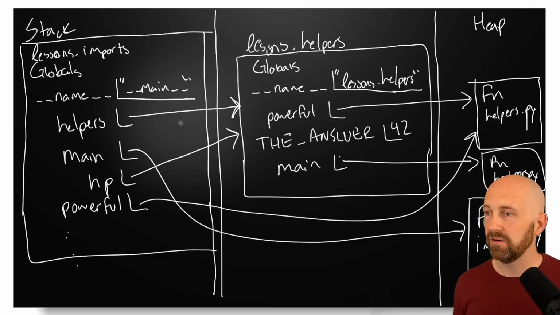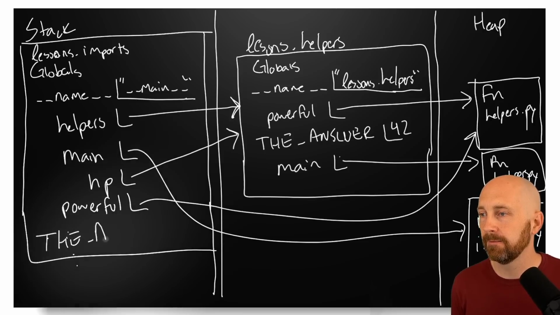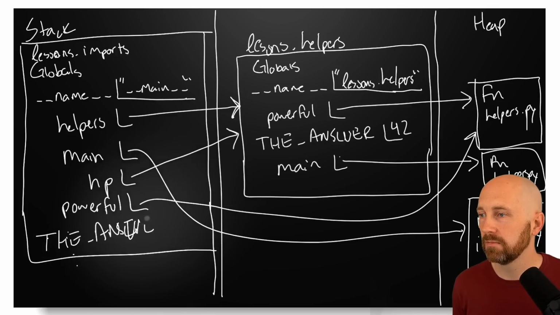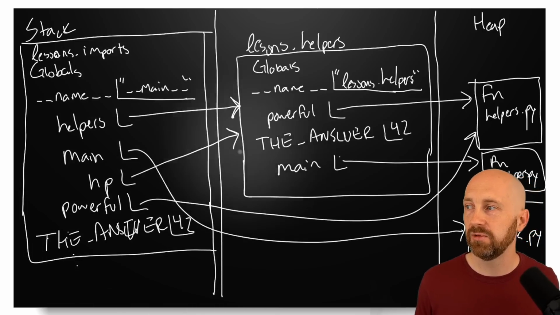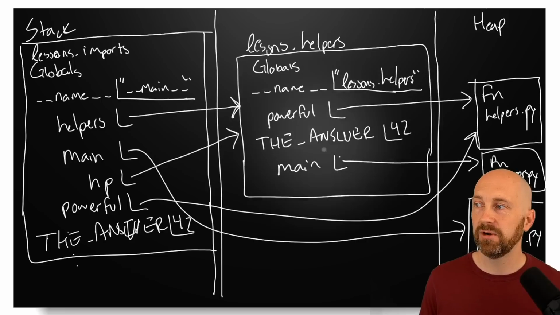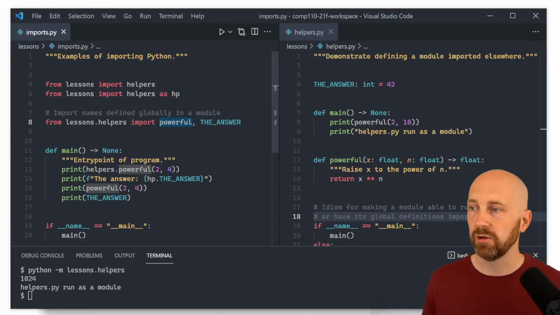It's the same as saying, now in the globals of our imports file, we would have the answer, and it would be bound to 42 in the globals frame of lessons.imports. 42 would still be what's in helpers over here, and we've effectively made a copy in our globals frame.